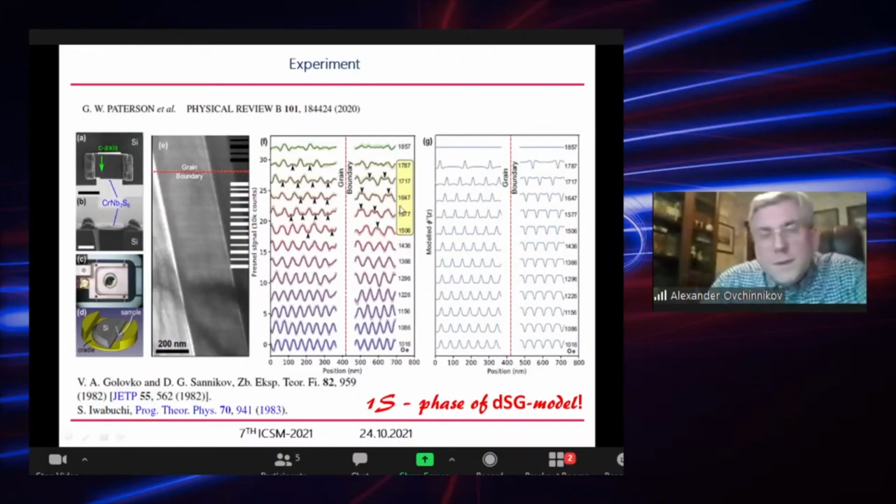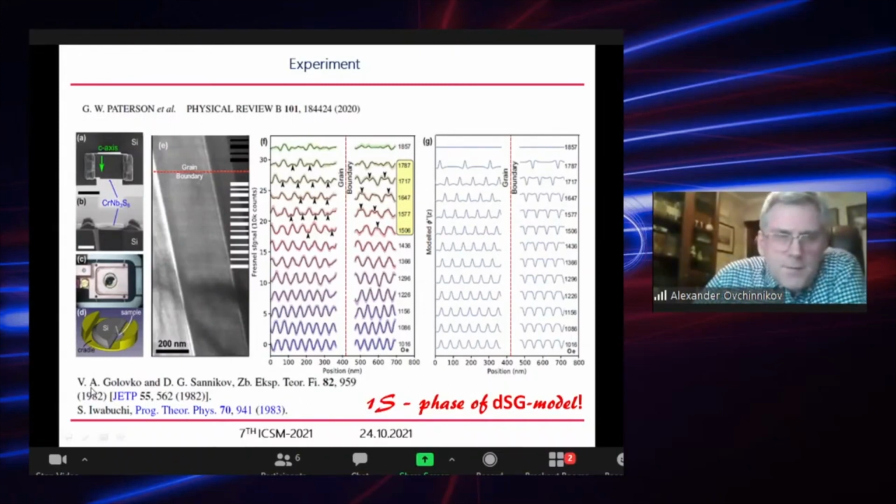From this comparison, we notice that the most evident coincidence happens at the intermediate magnetic field, but in principle, it could be rescaled along the field axis. So we may conclude that in this experiment we face the so-called one-S phase.